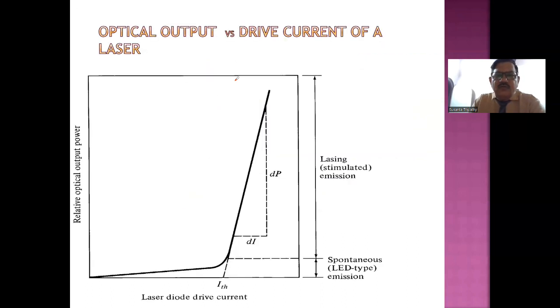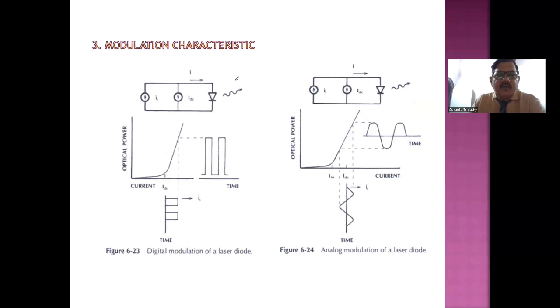Now, coming to the modulation behavior, as you have also discussed for the light emitting diode. Because the pronounced linear behavior is obtained in this region, this linear region can be used for the modulation of the laser diode.